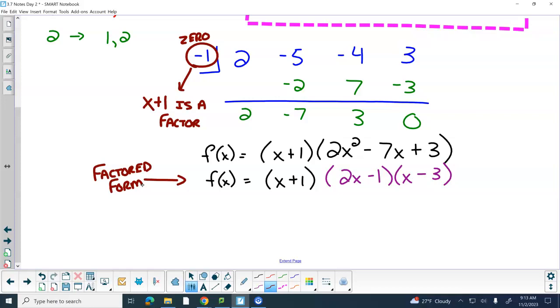Okay? Which I think the backside of your homework for this week makes you do all three of those. List all the possible zeros, rewrite f of x in its factored form, and then find all the zeros. Okay? So that would be possibly a potential test or quiz question.